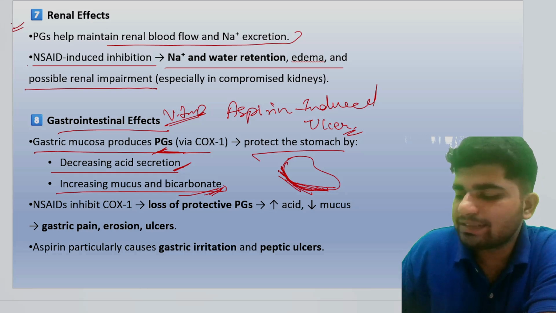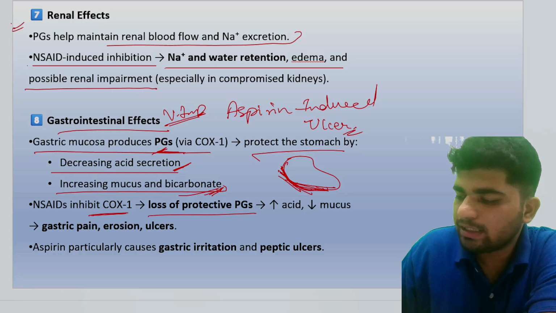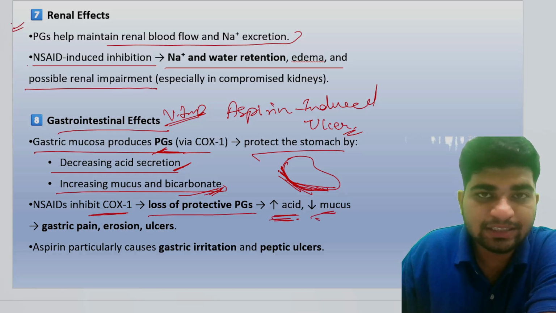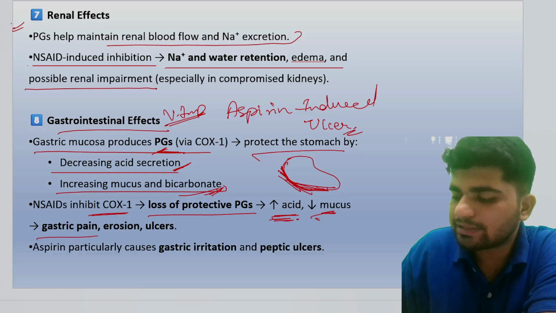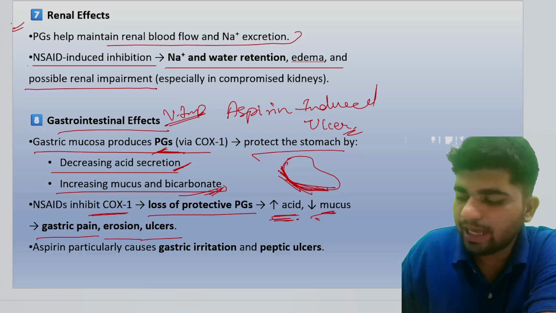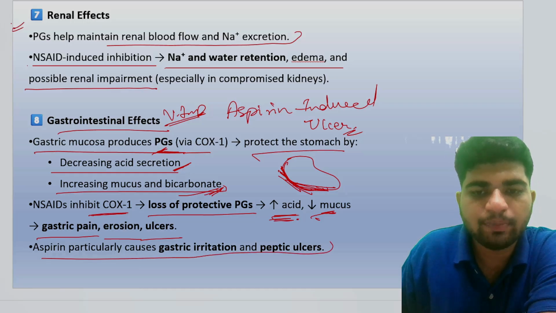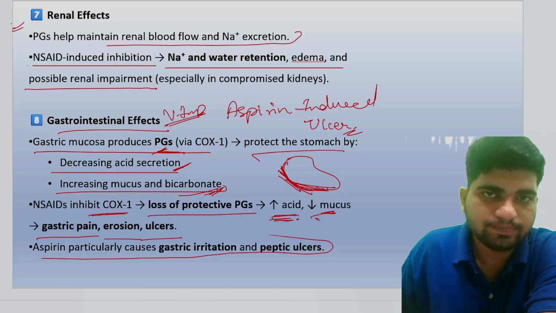But since NSAIDs inhibit COX-1 enzyme, there is a loss of protective PGs, increased acid, and decreased mucus. So it will cause gastric pain, erosion, ulcers. All right. That's why aspirin particularly causes gastric irritation as well as peptic ulcers.